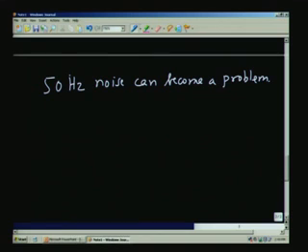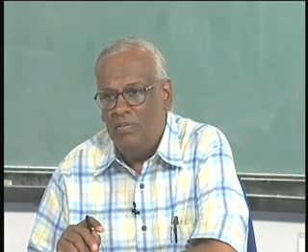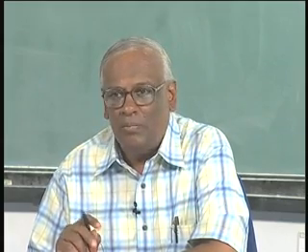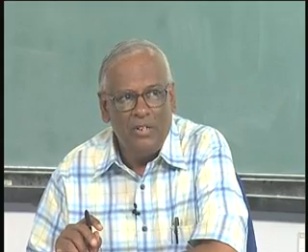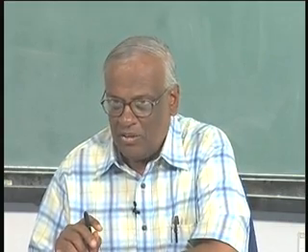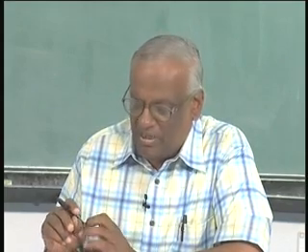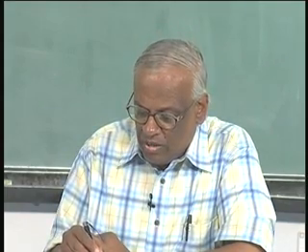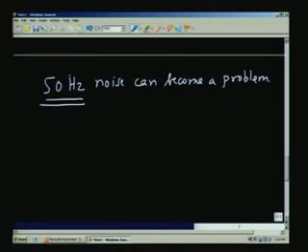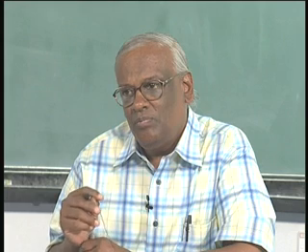For example, in radios and televisions, this noise will appear as a hum. In audio amplifiers, 50 hertz becomes a hum. You get that background noise which is annoying to the person who is listening to the music or speech or whatever. So, one way is to not allow this 50 hertz noise to corrupt your signal by following proper wiring practice.